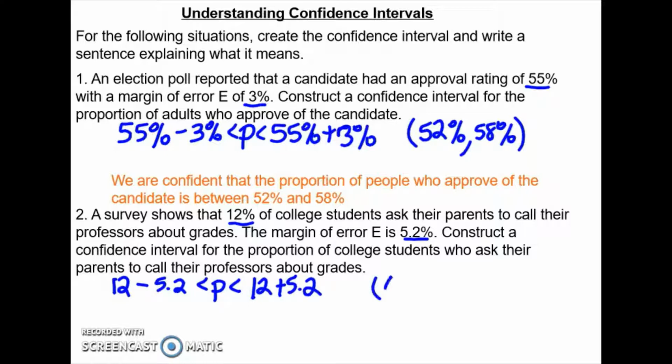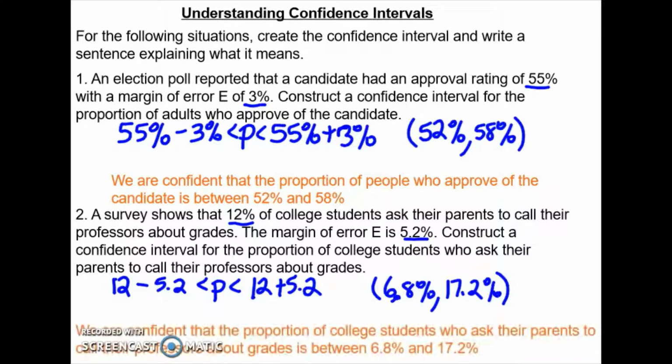So if we do this, we'd get to 6.8% and 17.2%. So what this would mean is that we are confident that the proportion of college students who ask their parents to call their professors is between 6.8 and 17.2%.